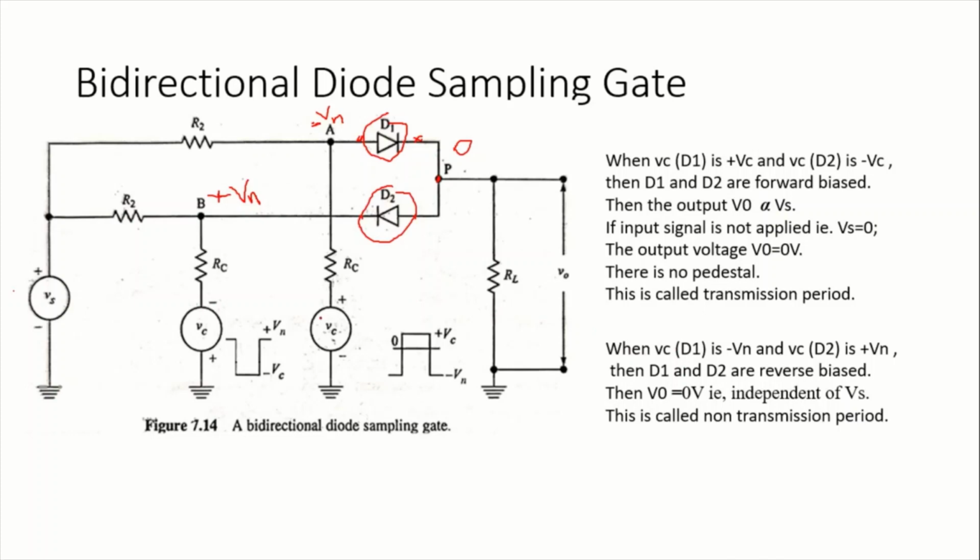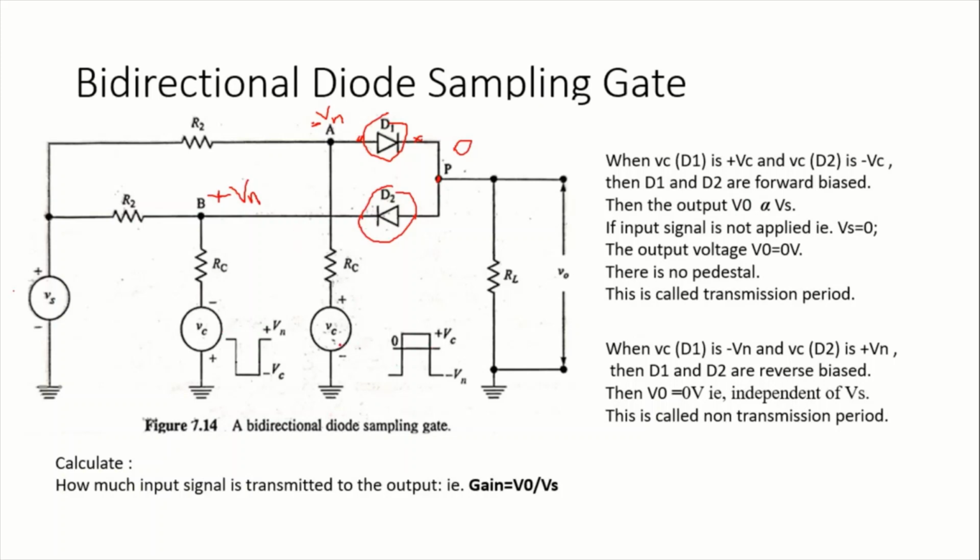So we need to calculate how much signal is getting transmitted from input to output. The gain represents the output voltage by input voltage, V0 by Vs. During the transmission period, when diodes D1 and D2 are forward biased, we are going to apply some control signal voltage Vc.